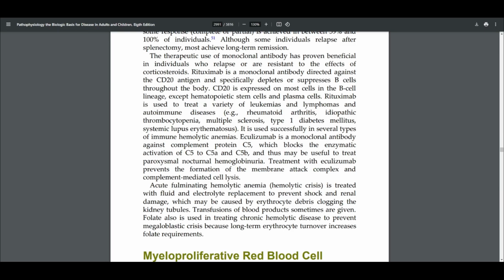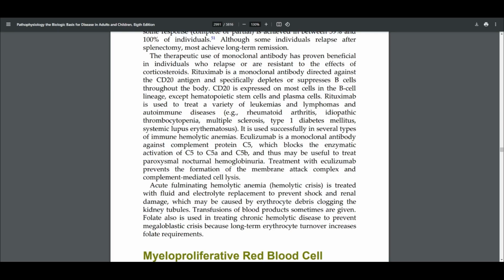Rituximab is a monoclonal antibody directed against the CD20 antigen and specifically depletes or suppresses B cells throughout the entire body. CD20 is expressed on most cells in the B cell lineage, except hematopoietic stem cells and the plasma cells. Rituximab is used to treat a variety of leukemias and lymphomas and autoimmune diseases.